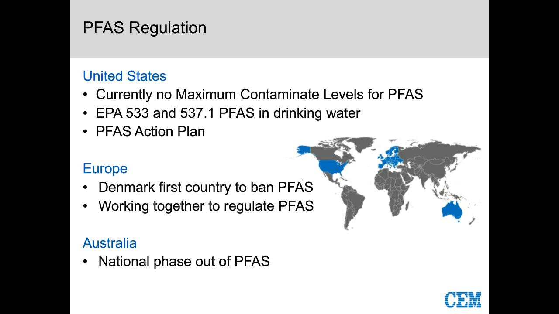We have EPA 533 and EPA 537.1. Both of those methods are for drinking water, and they both are similar processes in that you have your drinking water sample, you run it through SPE cleanup, and then you analyze it on MS. But drinking water is really where those methods lie.